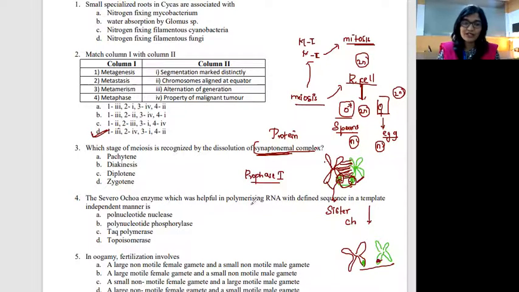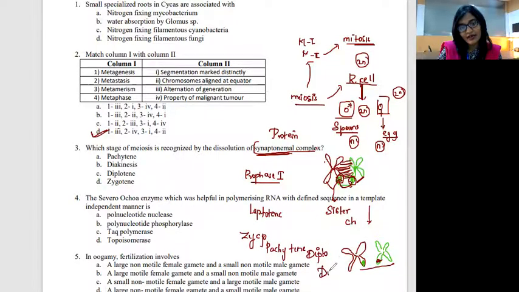Prophase has different stages: leptotene, zygotene, pachytene, diplotene, and then diakinesis. Finally it's going to be diakinesis. Remember, in zygotene there's going to be fusion of two homologous chromosomes. If you forget that, you can remember that zygote is a formation from male and female gametes. So fusion takes place, and then crossing over.